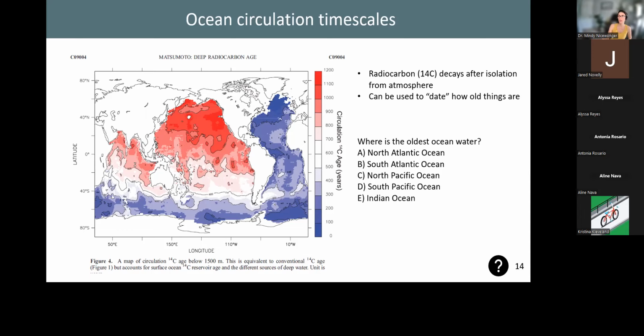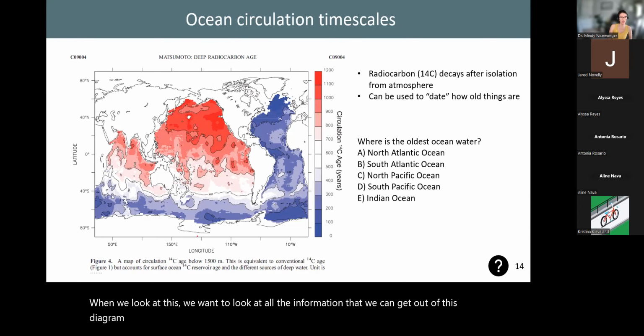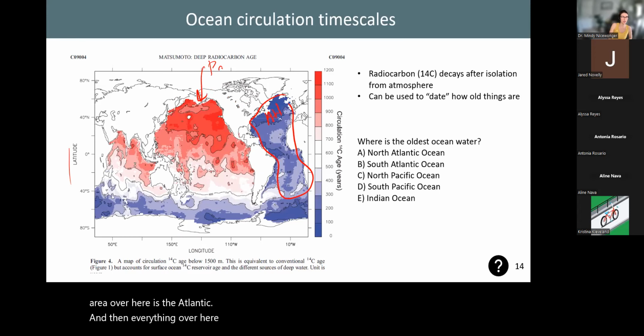Okay, so when we look at these images, this is an image from a scientific peer-reviewed paper. We want to look at all the information that we can get out of this diagram. So we're looking at longitude, latitude, and the continents are shown in white. This area over here is the Atlantic, and then everything over here is the Pacific Ocean.